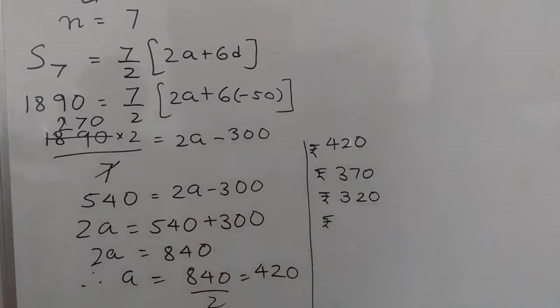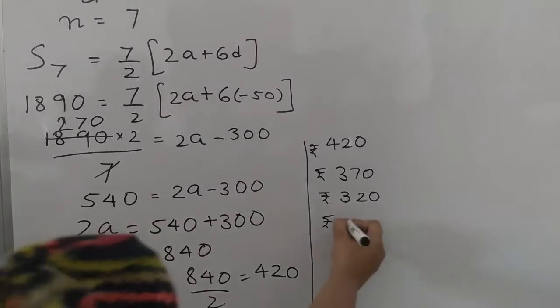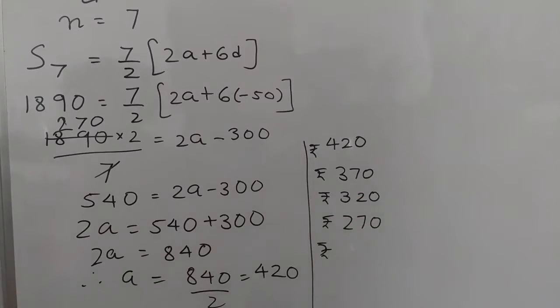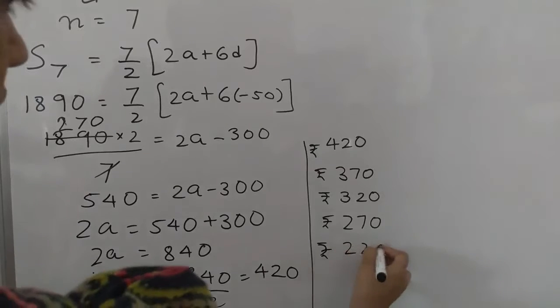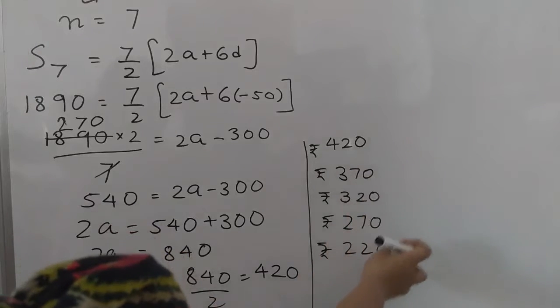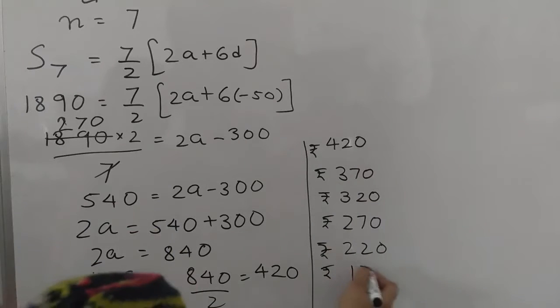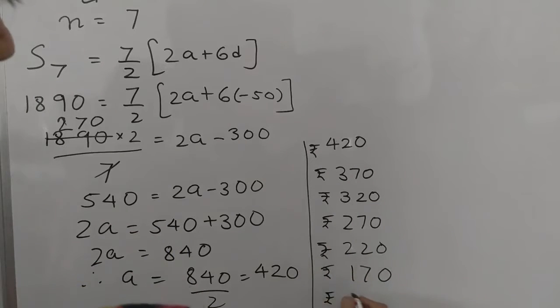The fourth one, by subtracting 50 from it, 270. Next, subtract 50 from it, 220. So how many? 1, 2, 3, 4, 5. Still we write 2. So here 170 and the last is 120. So total 7 prizes are these. We have written all the prizes got.